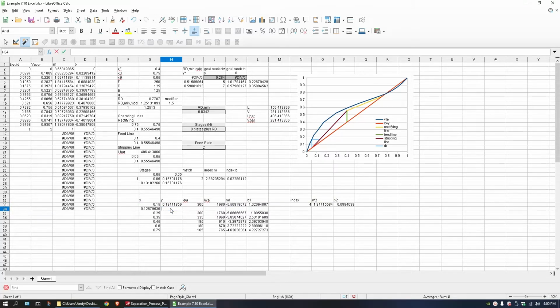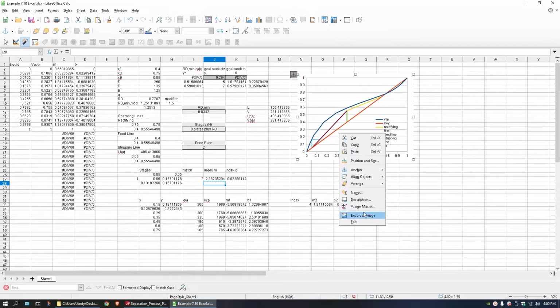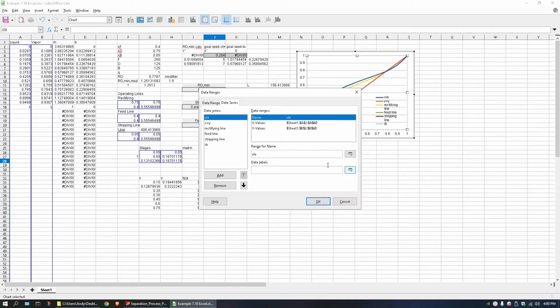Okay, that's our y. Then our x is going to be essentially our m times our x plus our b from our equilibrium line. Okay, so now we can go here, go to data ranges, and add a stage 1, I guess this would be.